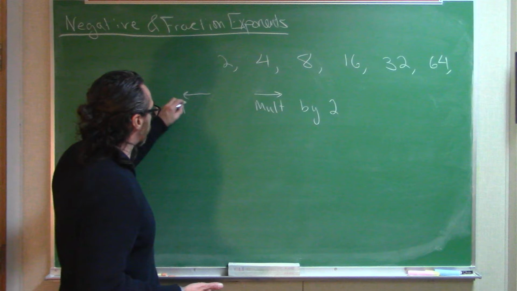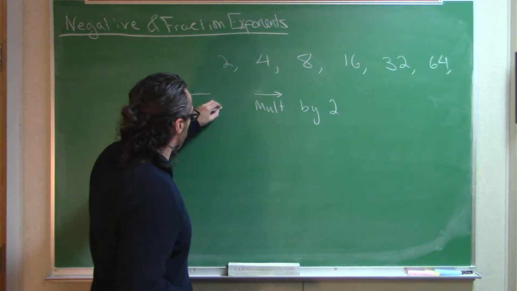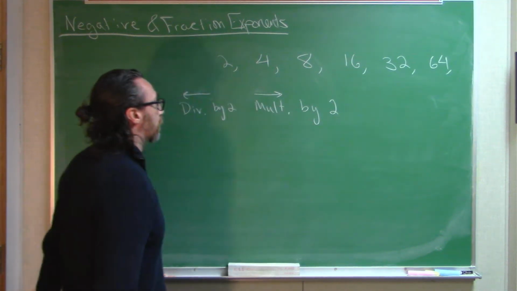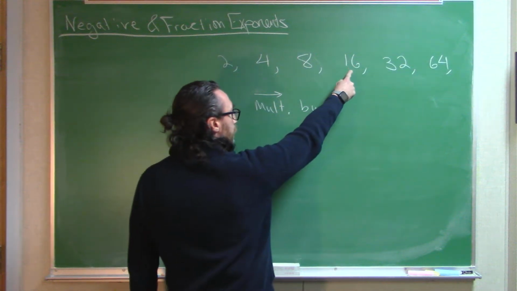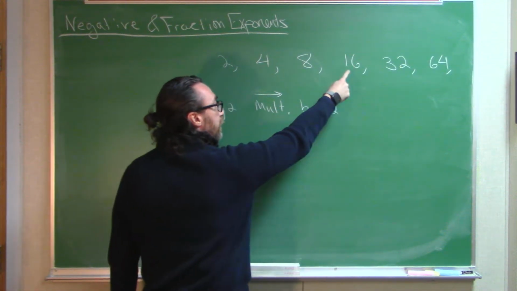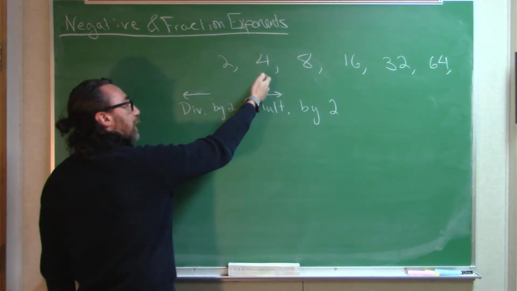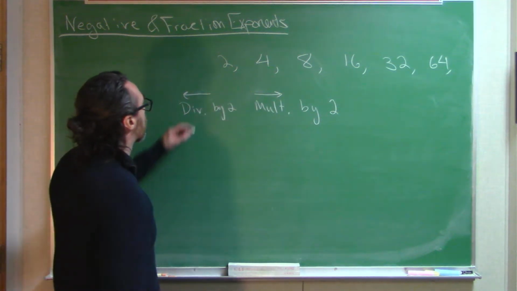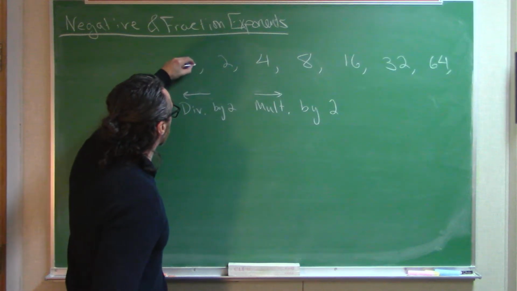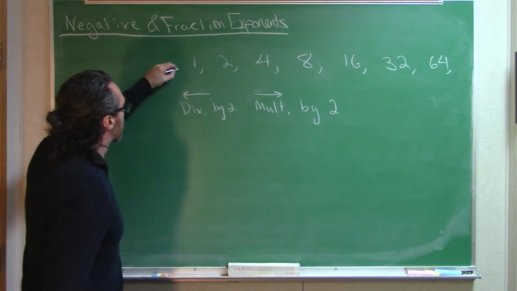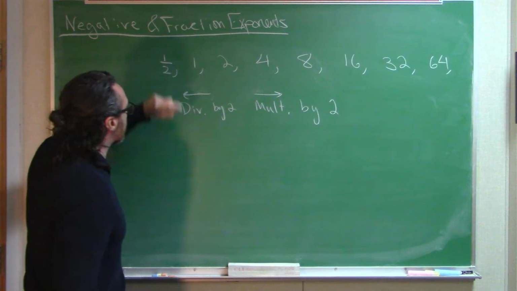In other words, I would divide by 2. Because if I'm here and I want to go left, I take 16 and cut it in half, I get 8. If I cut that in half, I get 4. If I cut that in half, I get 2. And if I cut that in half, I get 1.